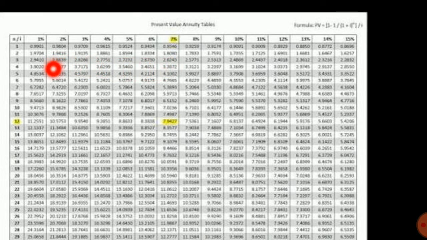Here in the third year, when the rate of return is 1%, it is 2.9, then at 2%, it is 2.8, and so on, and we want to select the rate of return which is very close to our PV factor. Here our PV factor is 2.5.